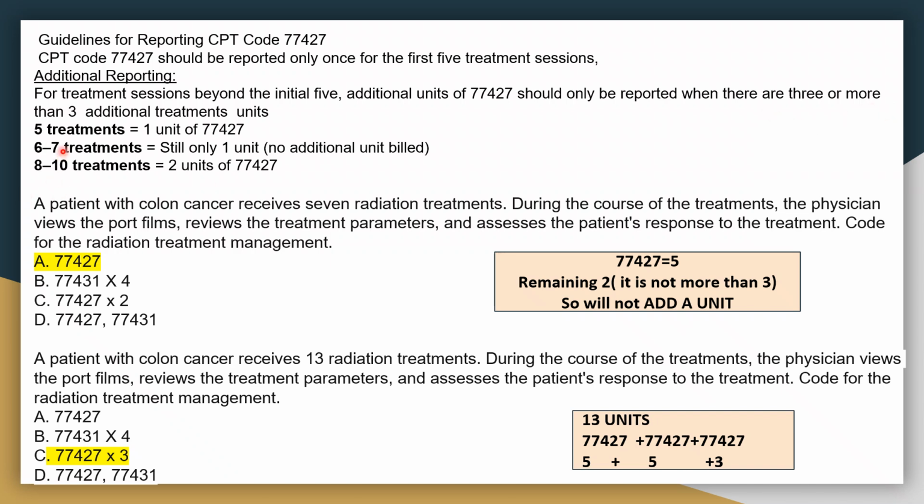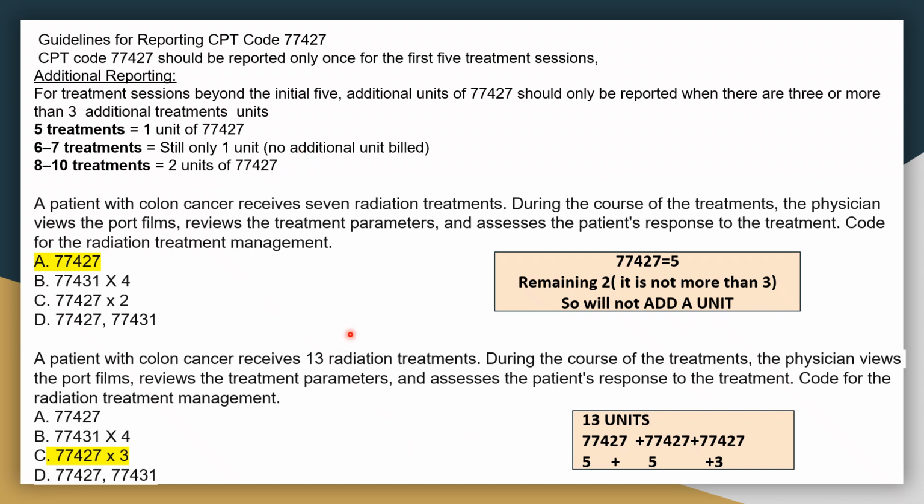Now, if the treatment is 8 to 10 treatments, then we are going to write 77427 multiplied by 2, because 8 means 5 plus 3, 9 means 5 plus 4 and 10 means 5 plus 5. So that time we will require 2 units. Remember that. I hope you understand this.